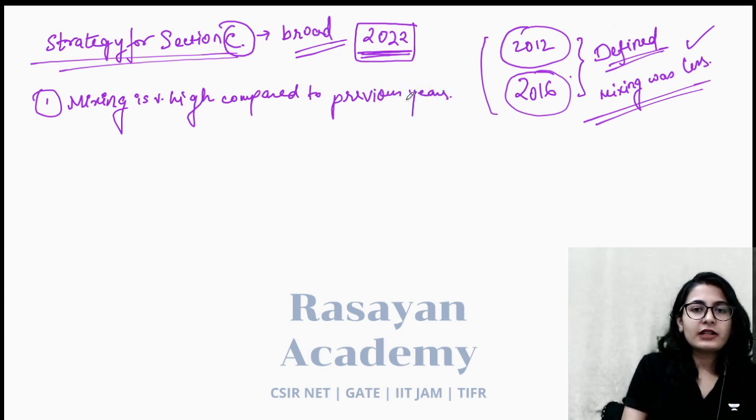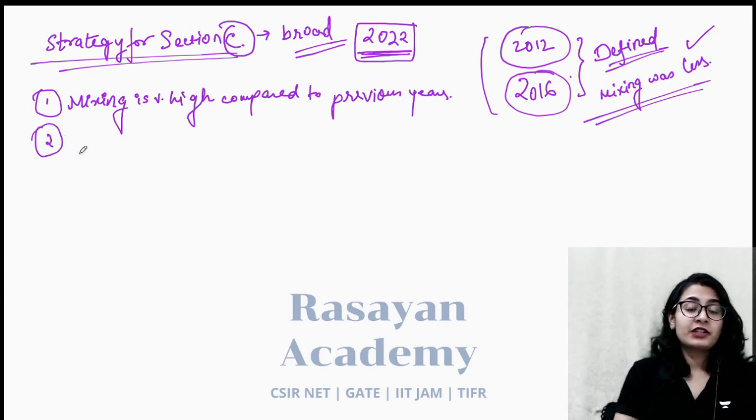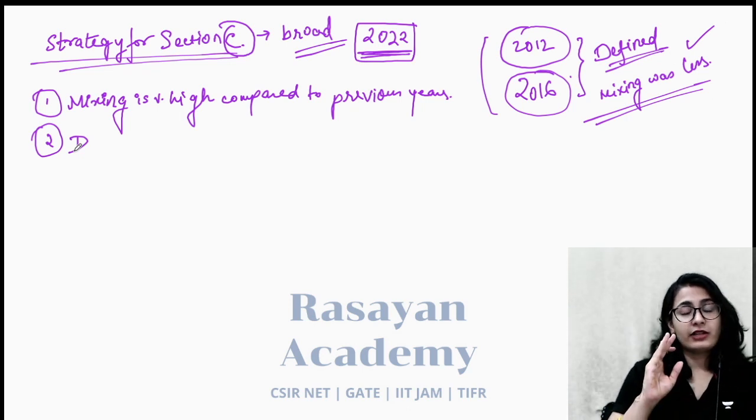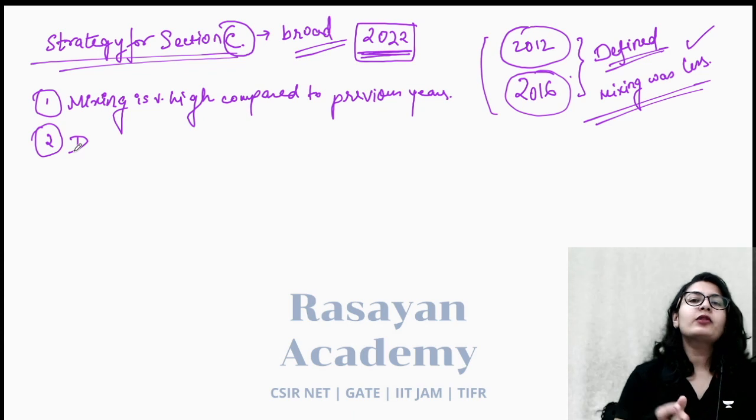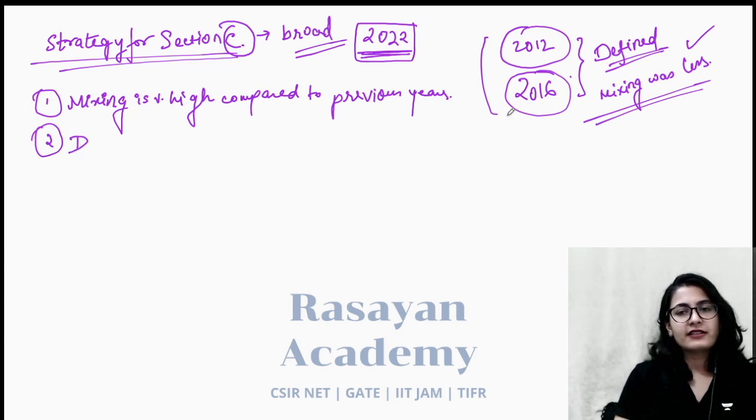Another important point is, when you are preparing for section C, you cannot just get one book. A lot of students are asking me, ma'am, which is the best book for CSIR NET? If you are buying a book for CSIR NET, then don't do that. It's not necessary.